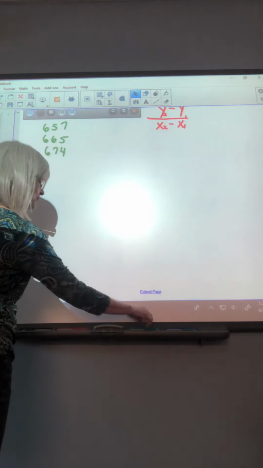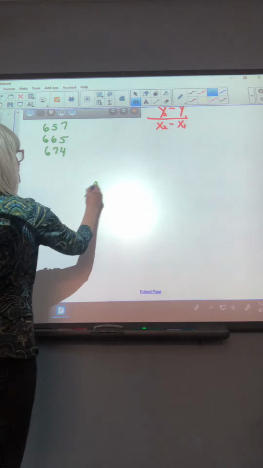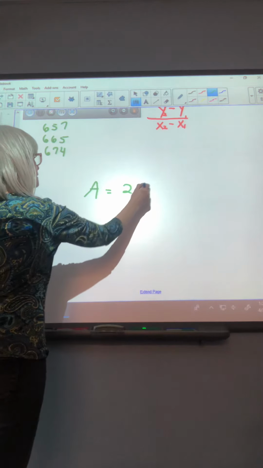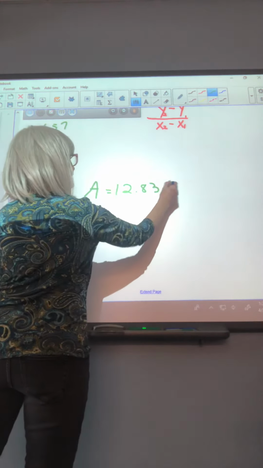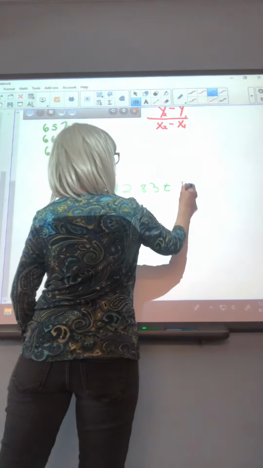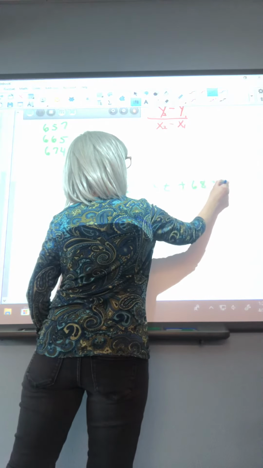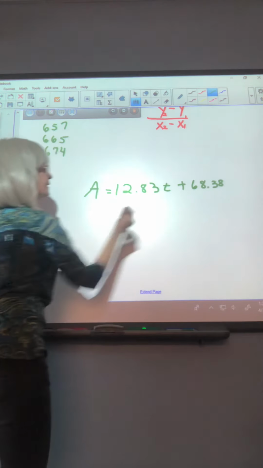The equation that they give you is A = 12.83T + 68.38. Great, this is our equation of the line.